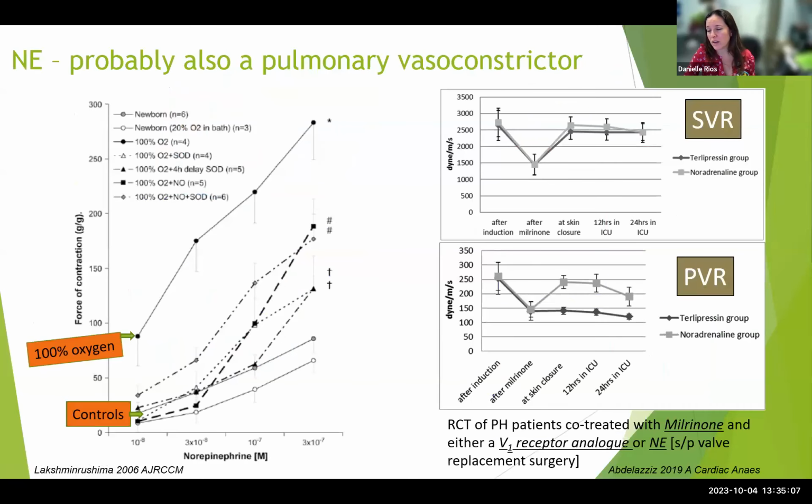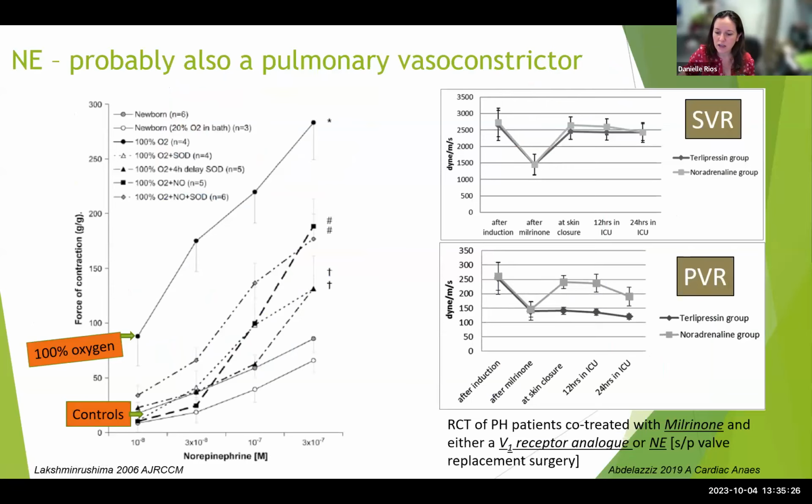Okay, so to be fair, we have to talk about norepinephrine as well. We talked about MVP being the vasopressin, but sometimes norepinephrine might be an alternative that you can use. However, it probably is also a pulmonary vasoconstrictor, at least in certain situations.